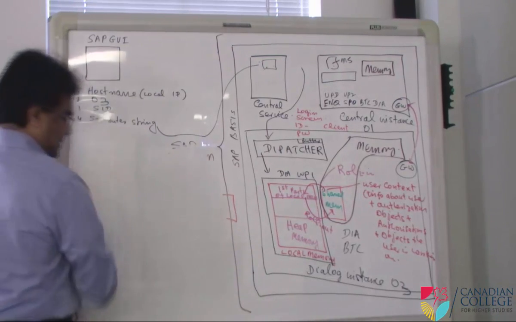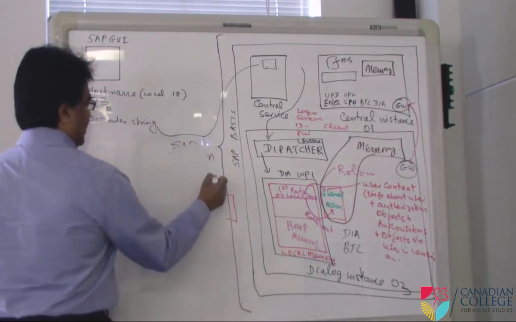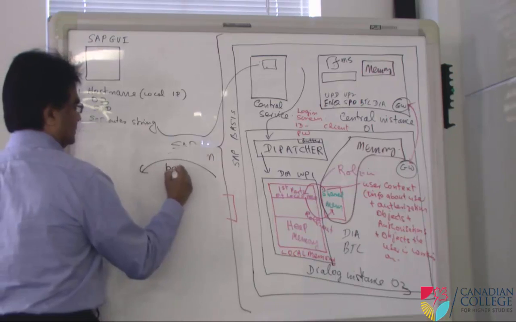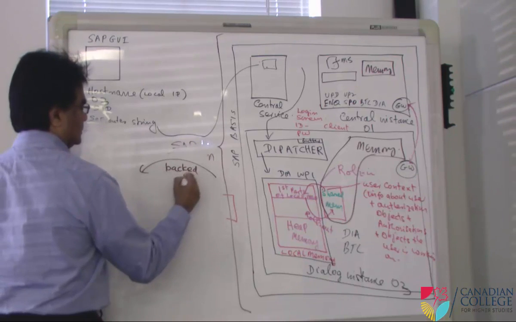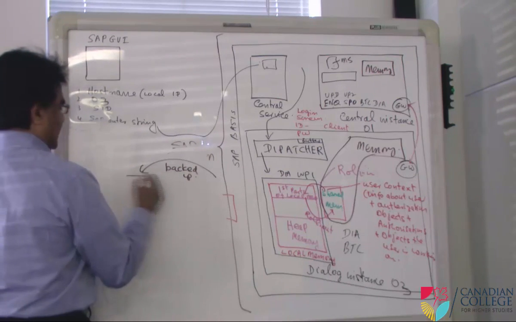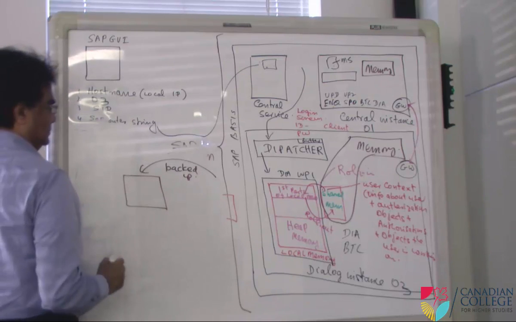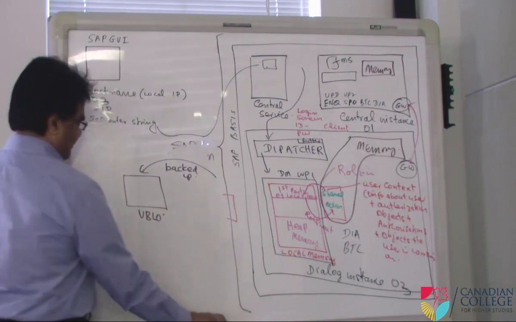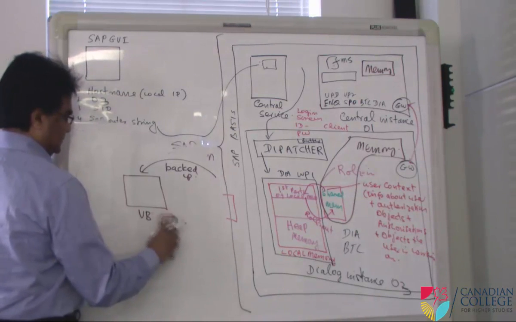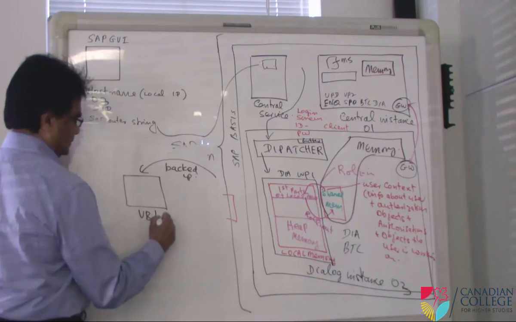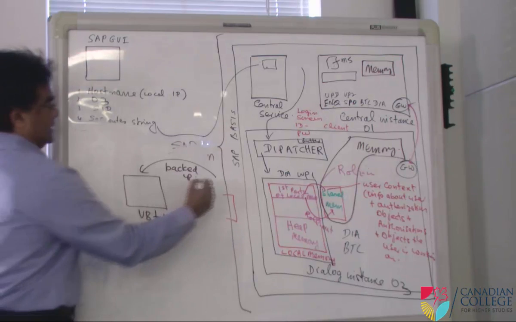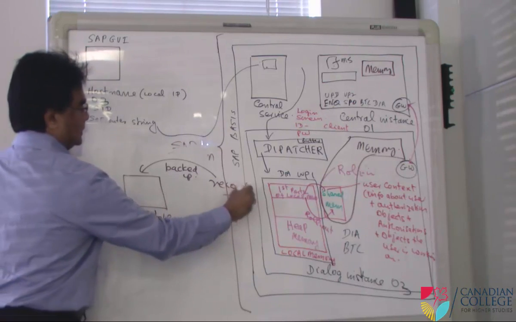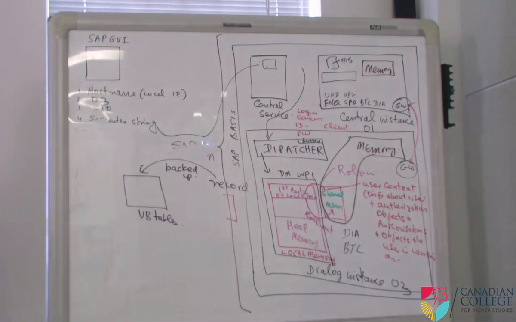So when update is concerned, the record is backed up in an area called VB tables. So this is the record that is backed up there.